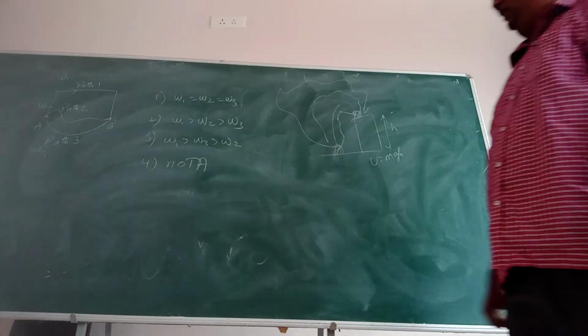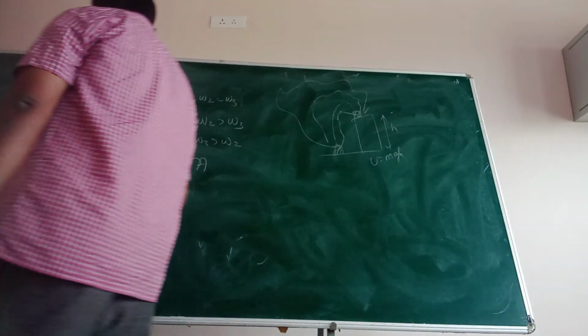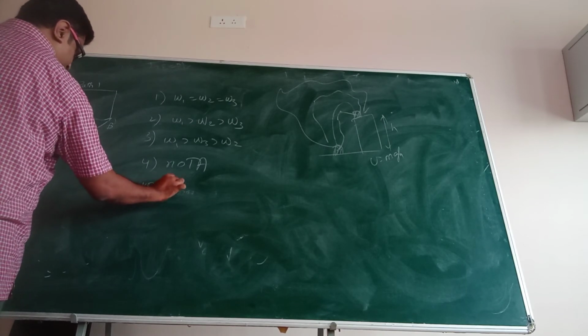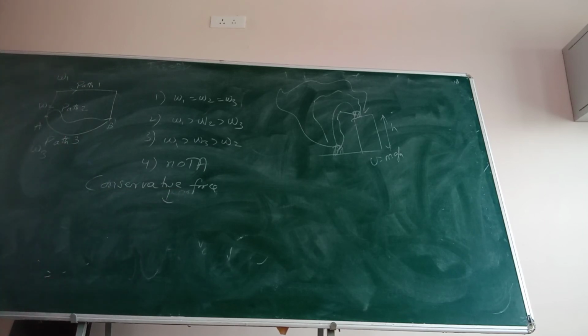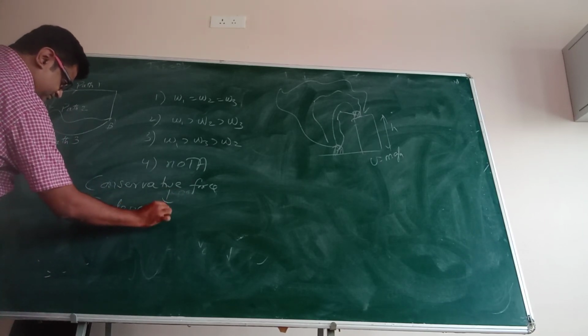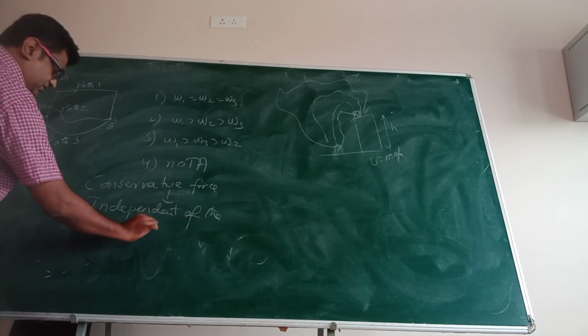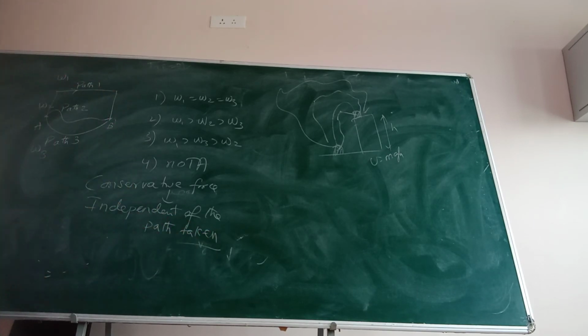Now, you should understand one concept about this gravitational force. It is a conservative force. Conservative force means it is independent of the path taken. This is the concept you should know to solve this question.